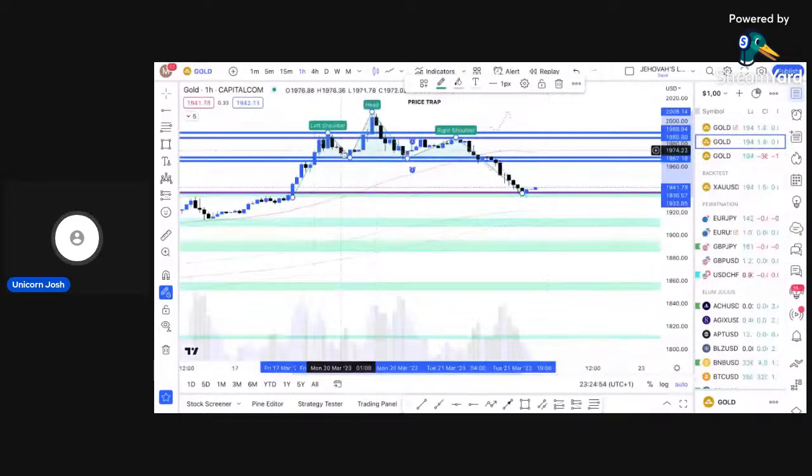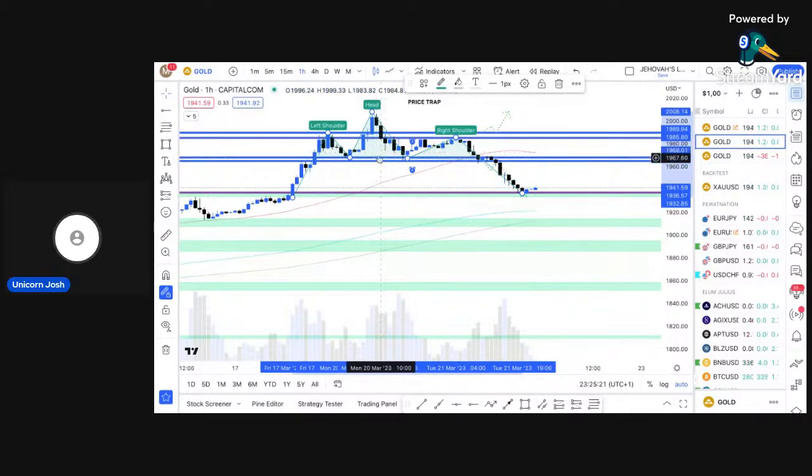That is the lower part connecting the left shoulder and the head, which is this one, and then the lower part connecting the head and the right shoulder, which is this. So when you draw a line to connect these two parts, that is your neckline. And it happens to be in this area that we've already identified as a zone.